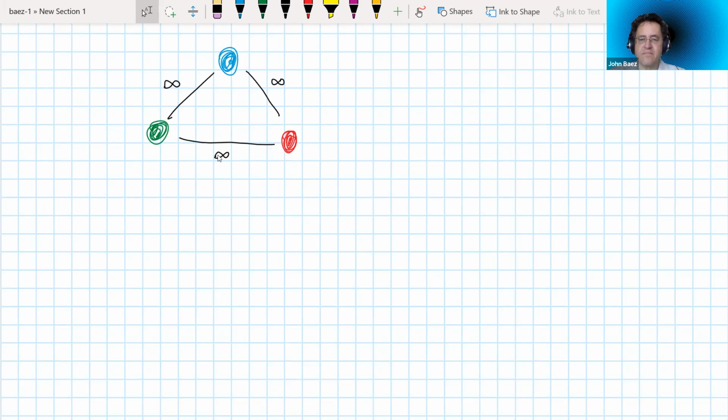For the rotation group you could take green-blue and blue-red as generators, and then you wouldn't need green-red or red-green, because that would follow by composing green-blue with blue-red.